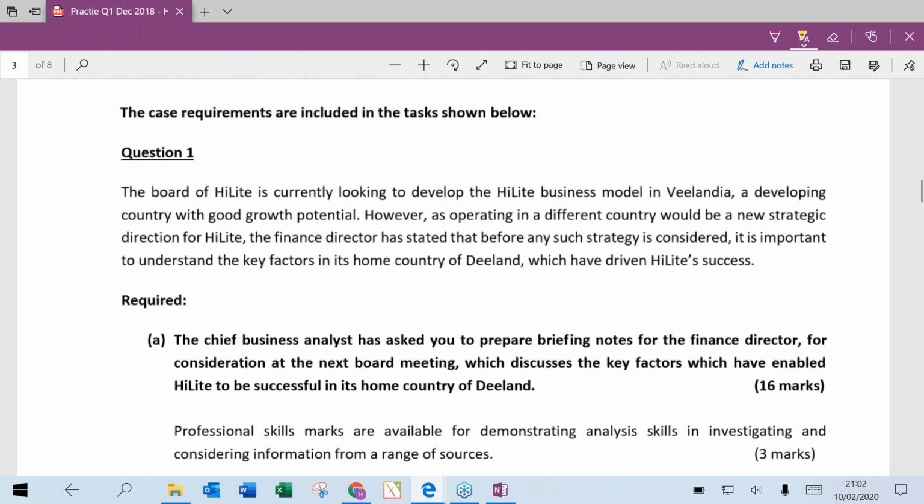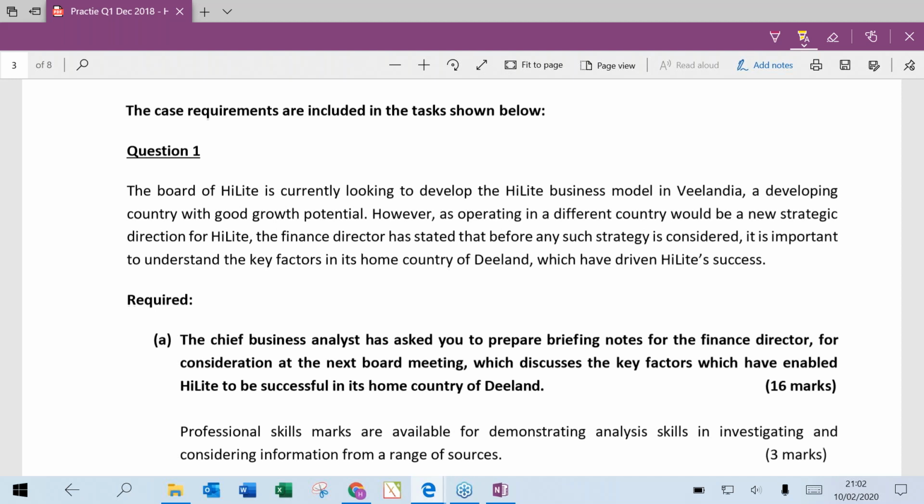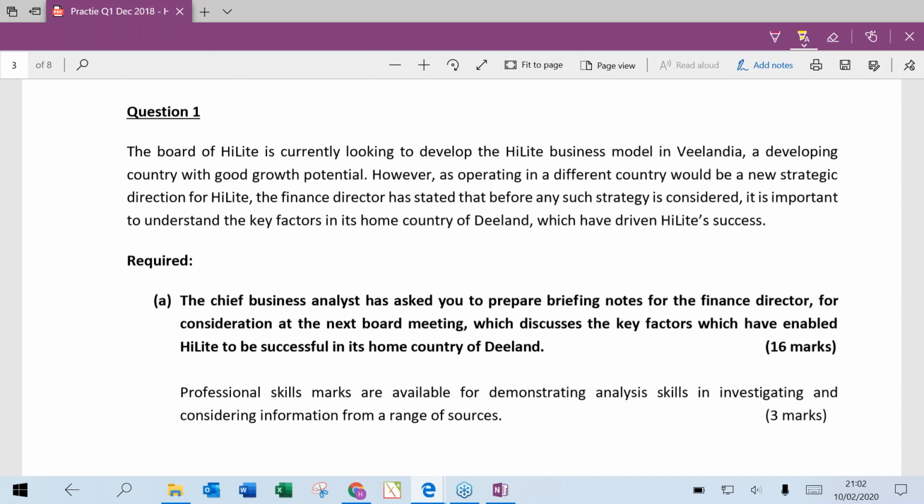Now comes the requirement. Question number one. The board of Highlight is currently looking to develop the Highlight business model in Vilandia, a developing country with good growth potential.